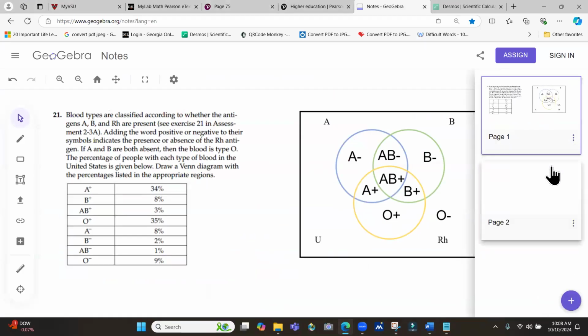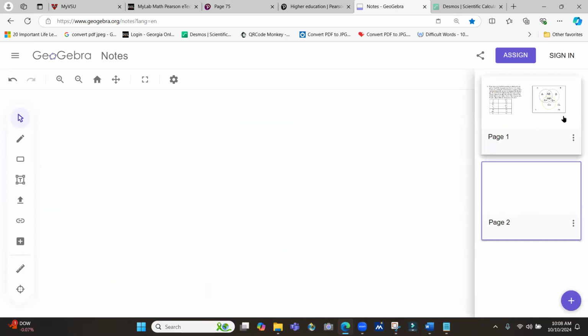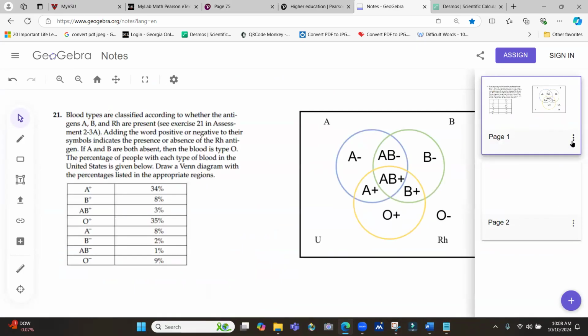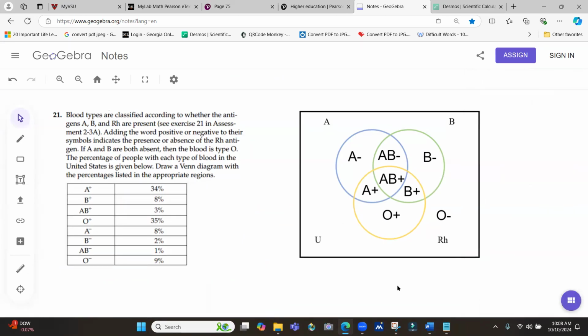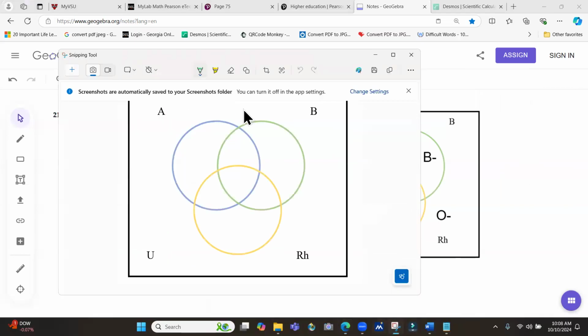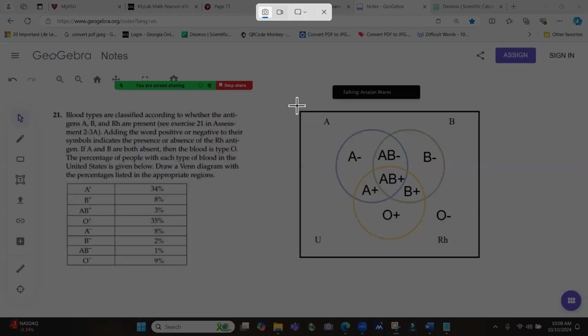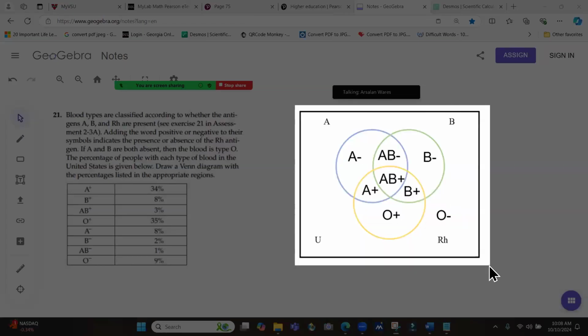Okay, give me 1 second, guys. Let's take the second one. The main part is understanding the picture. That's all. That's the main part.